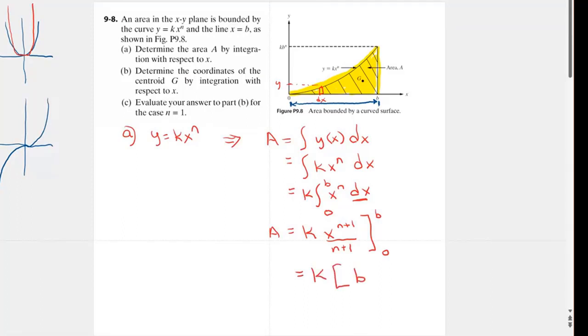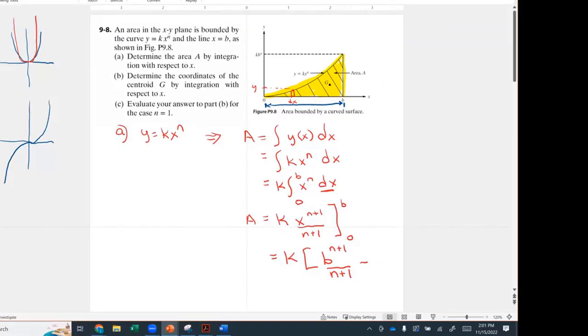It would be b to the n plus 1 over n plus 1 minus 0 to the n plus 1 divided by n plus 1. Obviously, this is just 0. We get this whole thing equals k b to the n plus 1 over n plus 1.